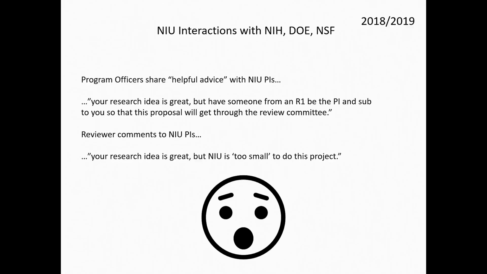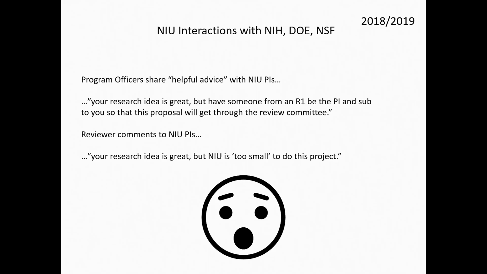Okay, so there's a little timeline you're going to see in the upper right corner. I would bring faculty members to meet with federal program officers back in 2018, 2019, and I noticed this trend with the helpful advice that my faculty were being told, which were things like, that's a really great research idea, but the truth is, with your institution as the lead, it's just not gonna make it through the review committee.